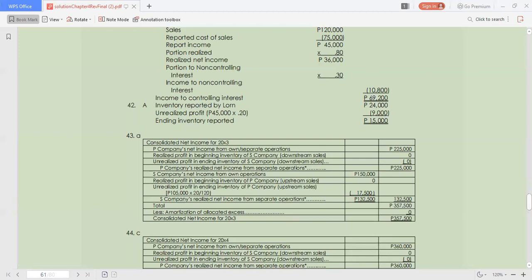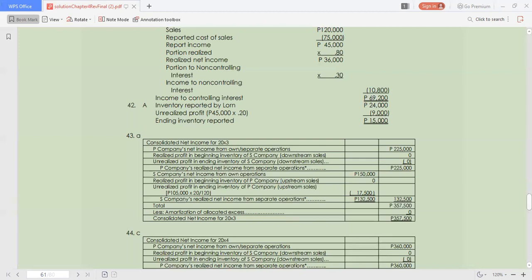We now have the unrealized profit of 17,500, giving us the realized net income from separate operations. So the consolidated net income for 20x3 is 307,500.